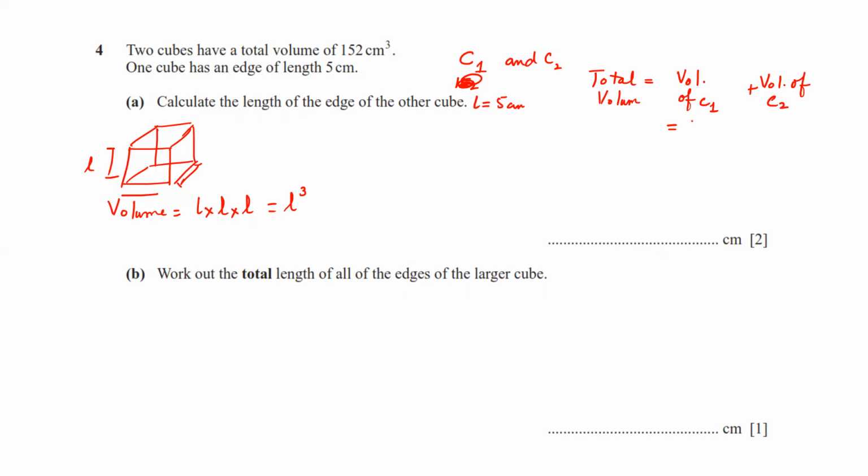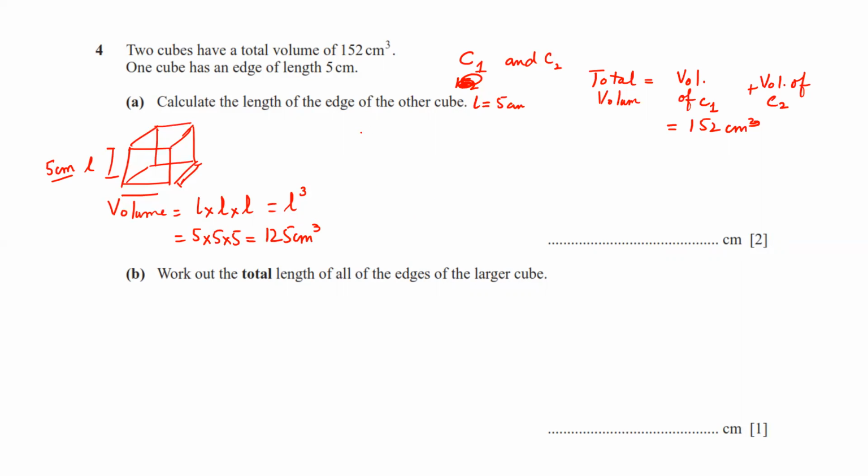If the first cube has a length of 5 centimeter, my volume will be 5 into 5 into 5, and this is equal to 125 centimeter cube.